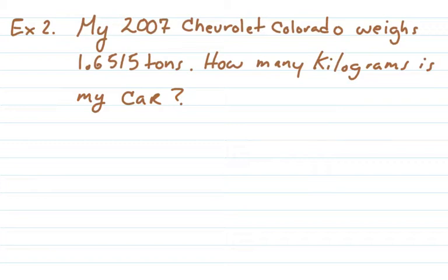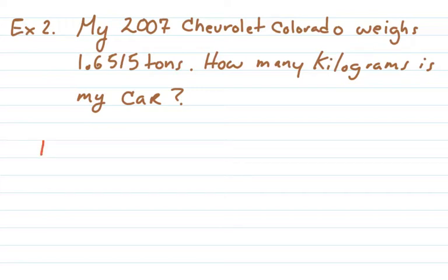In this example, my 2007 Chevrolet Colorado weighs 1.6515 tons. And just so you know, there's 2,000 pounds in 1 ton. How many kilograms is my car? So let's start off with tons.